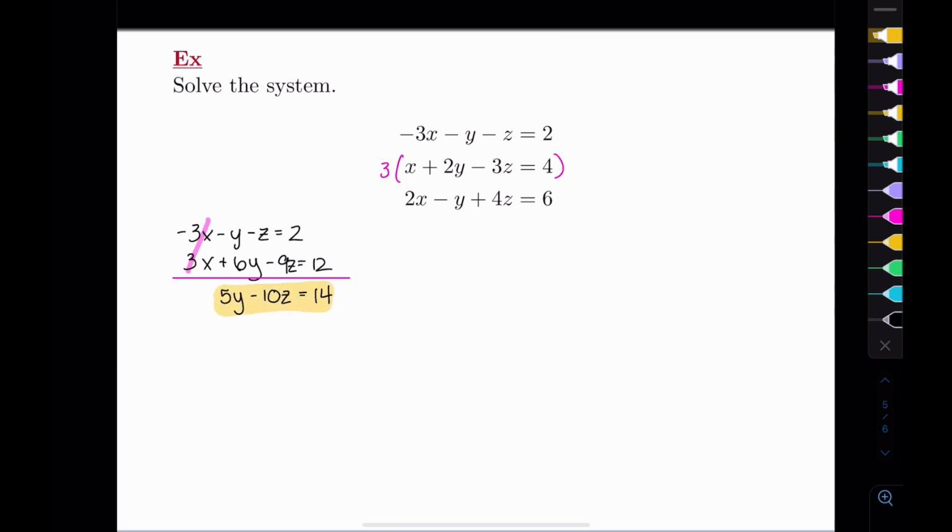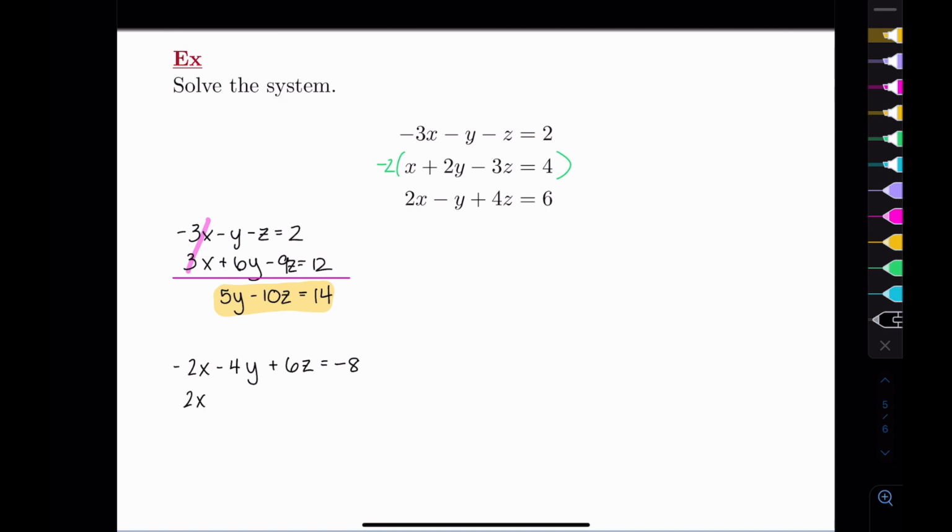Now I want to do the same thing, eliminating x from the third equation. So I'm going to take the second equation and multiply it by -2, so that these are opposite in signs. When we do that, the second equation becomes -2x minus 4y plus 6z equals -8.